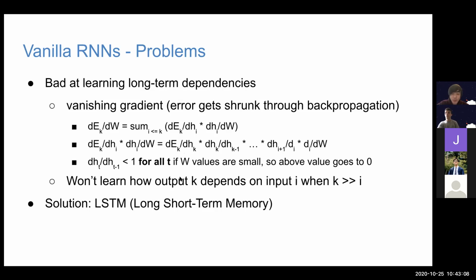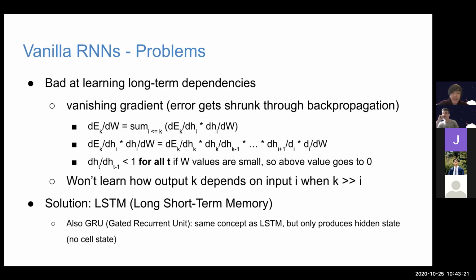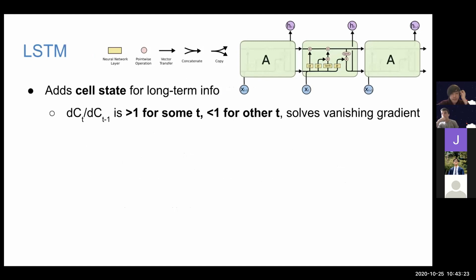That means that if the weight values are small, then at every single time step this derivative is going to be less than 1, or it's going to be greater than 1. So you're basically always guaranteed that the gradient is going to vanish or explode. And that's bad. But here you have dc_t over dc_{t-1}, which is sometimes greater than 1 and sometimes less than 1.